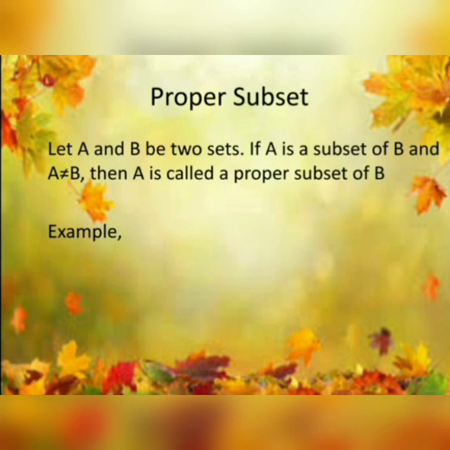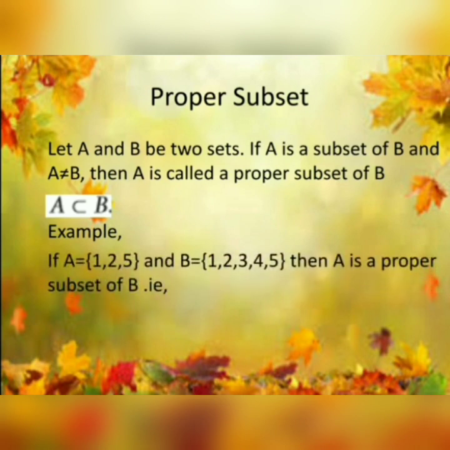How to denote the proper subset: A is strictly a subset of B. We should not write the line below that subset symbol. So A is strictly a subset of B.